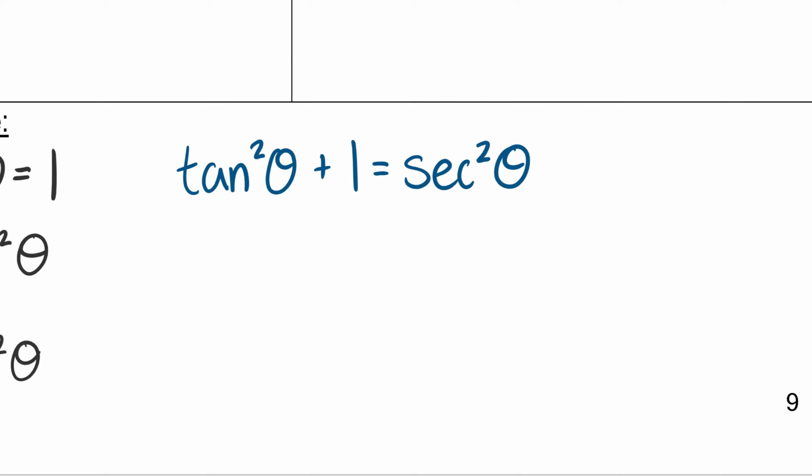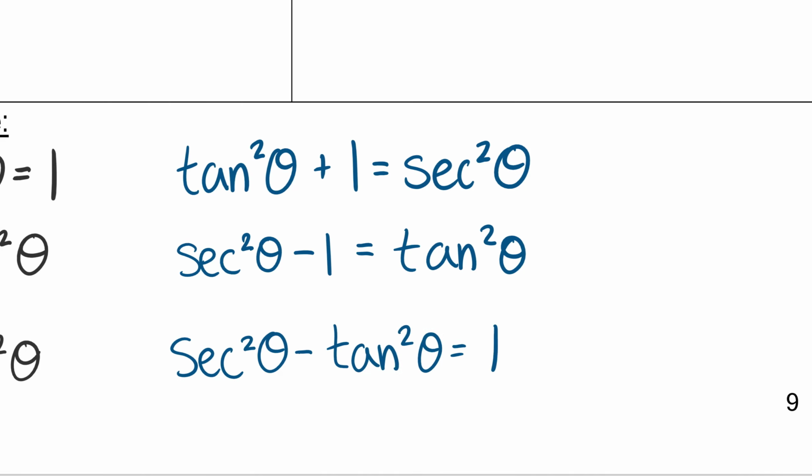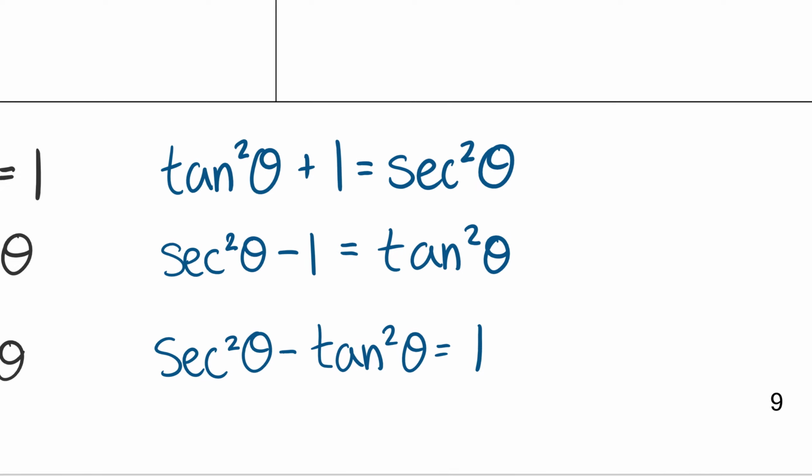But let's say I don't want secant, I can do secant squared theta minus 1. That would give me tangent squared theta. Or if I had both, if I wanted to do this, I have secant squared theta minus tangent squared theta, and that would give me just 1. So if you need that to verify something, or however you want to use this, depends on what you have.